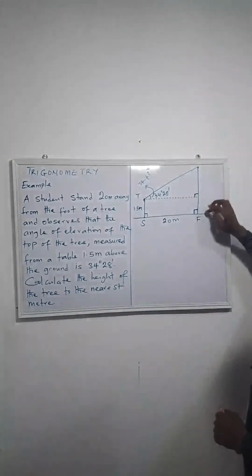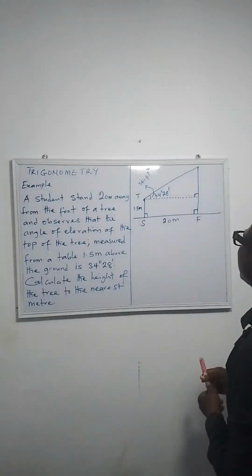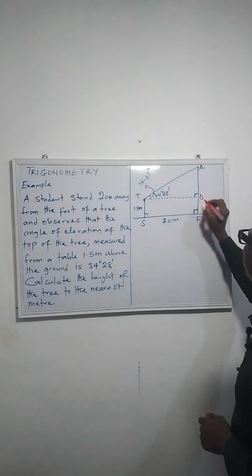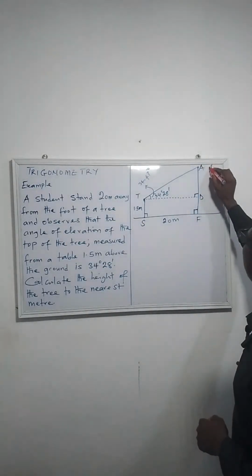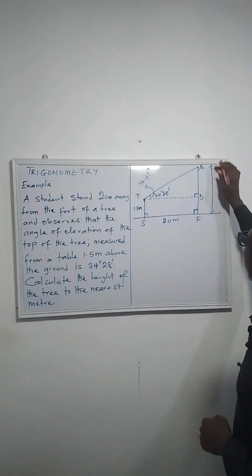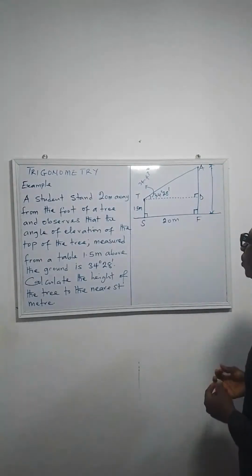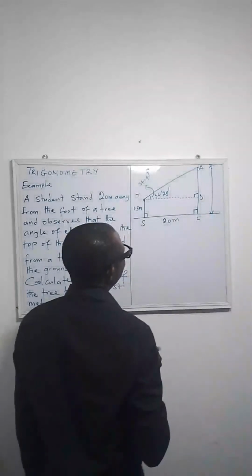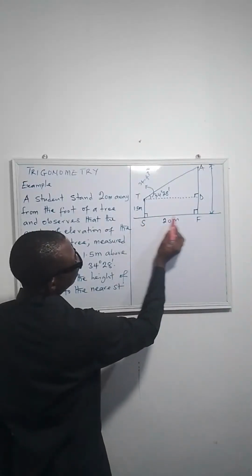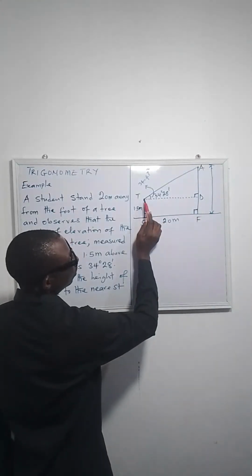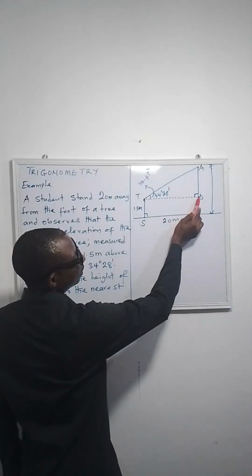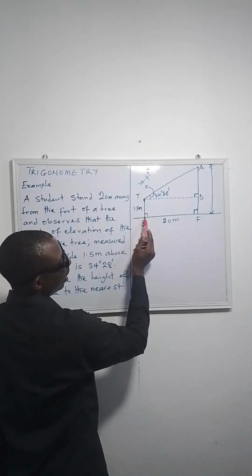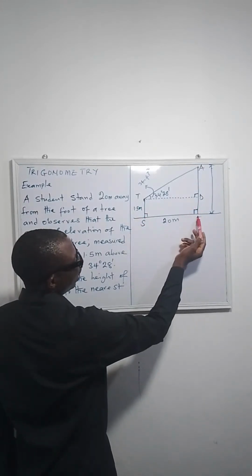So we want to get this height of the tree. Let's call this place A and this place D. What we want to get now is from here to this. How do we go about this? When you look at the diagram very well, you will see that line SF is parallel to line TD, and TS is also parallel to DF.